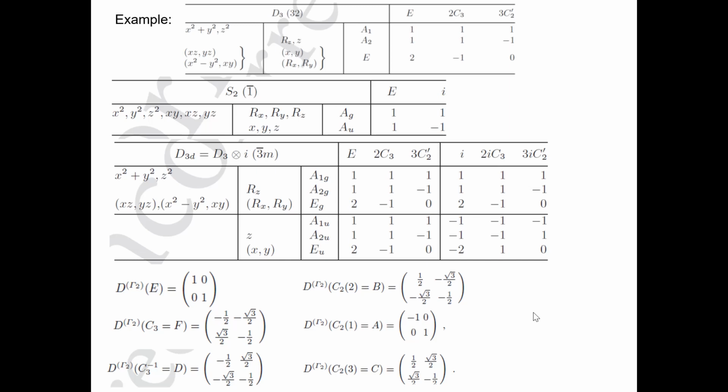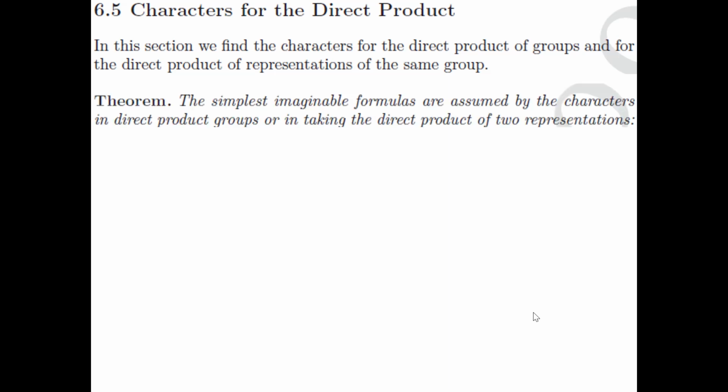Okay, so let's now consider the characters for the direct product. How do we obtain the characters when you have direct products? In both cases, we have considered direct product of two groups and direct product of two representations. Okay, so let's see how we find the characters, and this is a theorem which is stated in a funny way, which is the following.